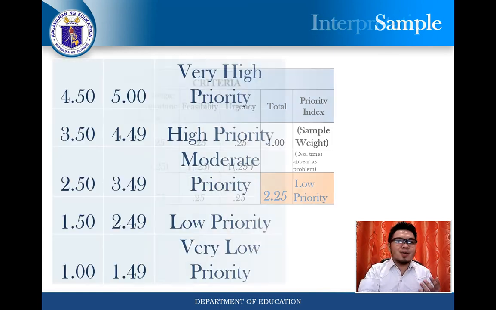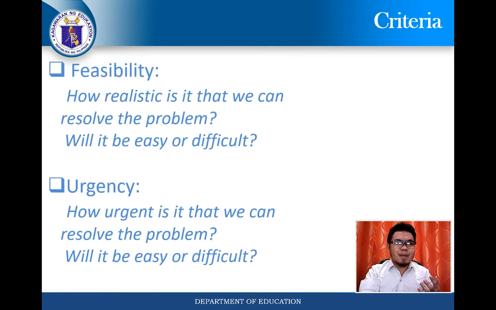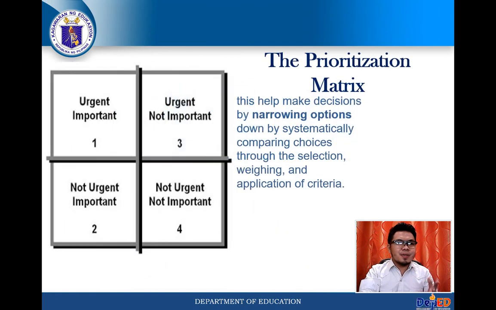So, balik tayo dito sa isang pinakita ko kanina na sa prioritization schedule, na possible, kung siya ay low priority, we can consider that as not urgent or not important, di ba po? Kasi low priority siya, di ba po? So, yun yung nakikita ko pong interpretation.